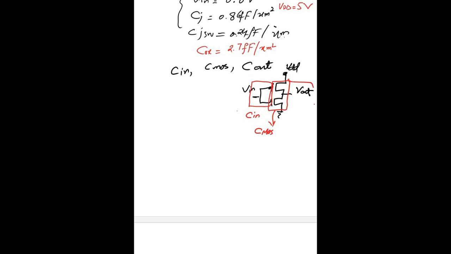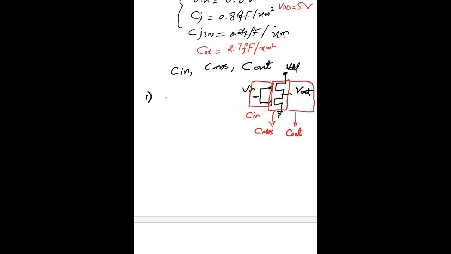And we have a few capacitances which may appear at this terminal, so these will be our output capacitances. So we have to find one by one how we can calculate all these values.